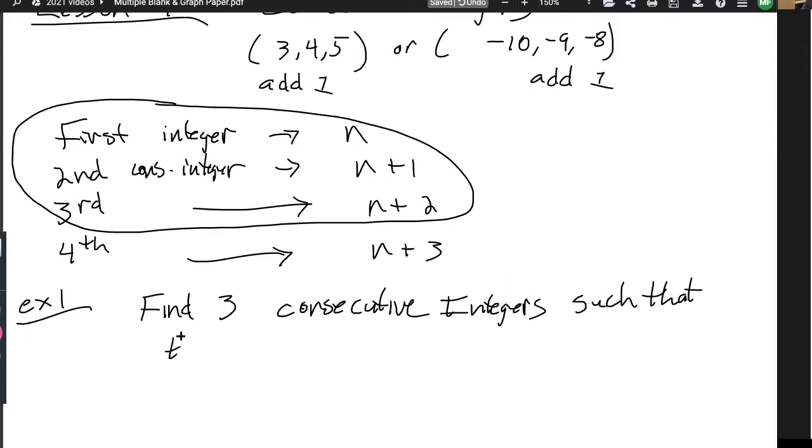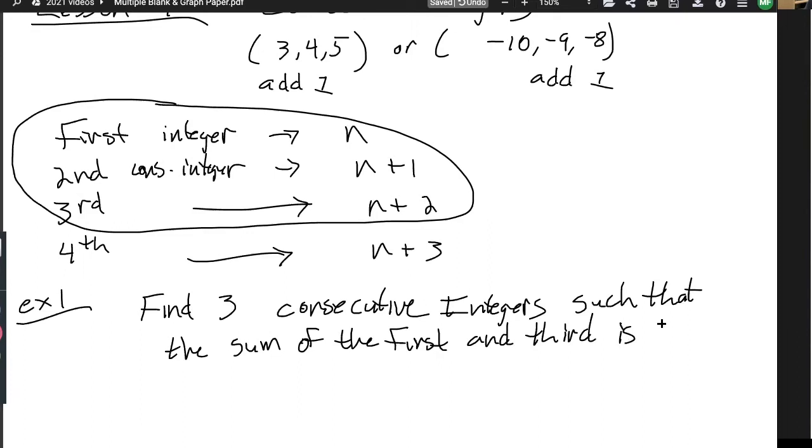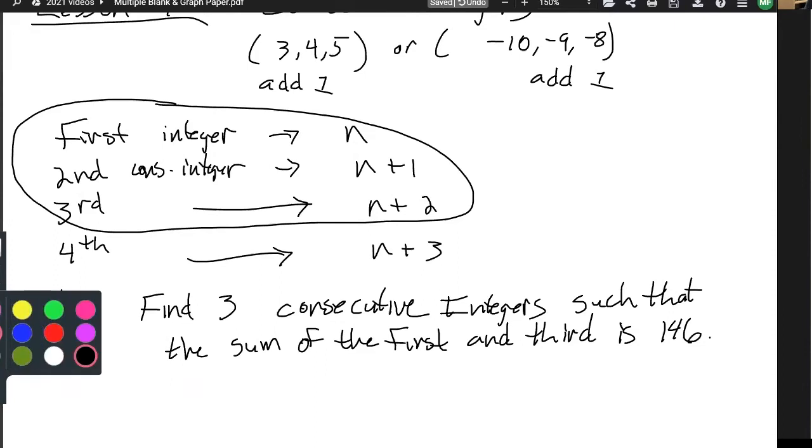The sum of the first and third is 146. Okay, so we're going to translate that.